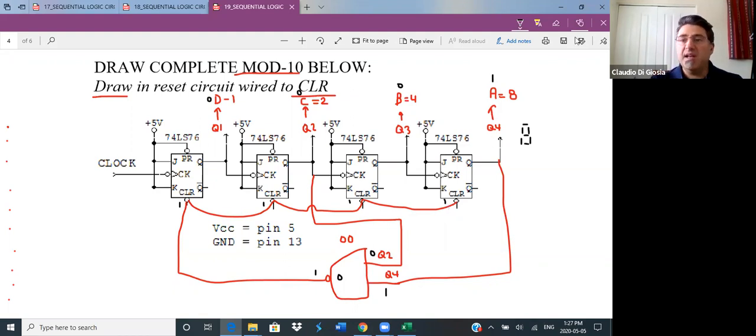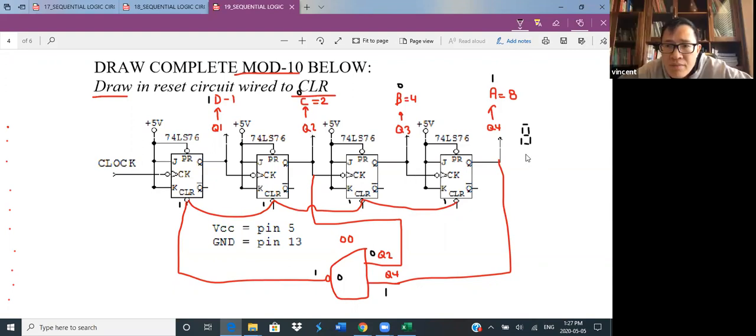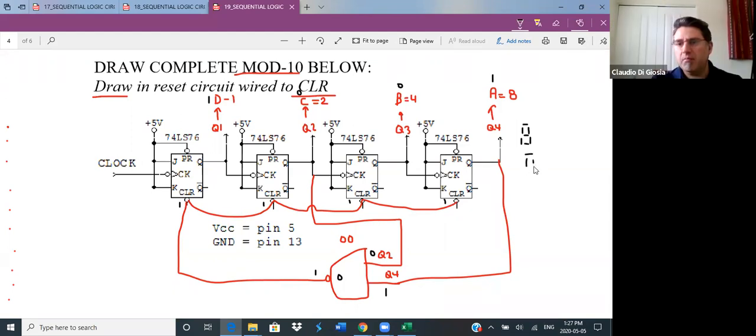So now I said the next number was 9. So I'm going to erase this guy here. It just counted to 9. So remember 1001 is 9. Did it change the value of Q2? No change. So it's going to display a 9. I have a 9.